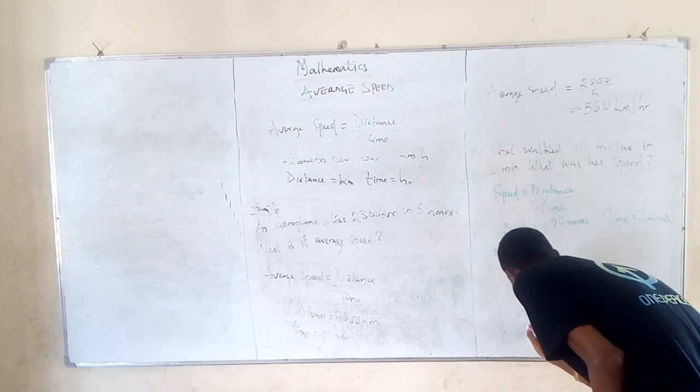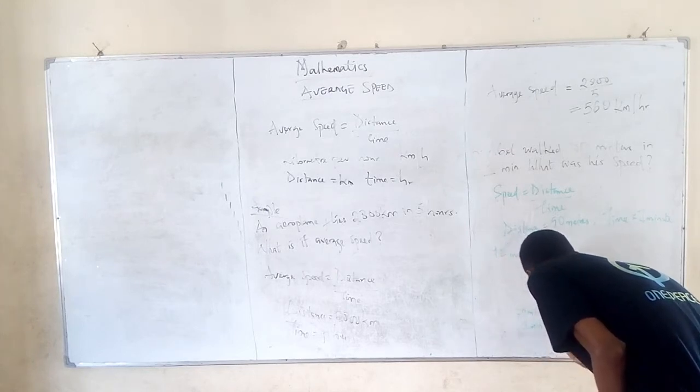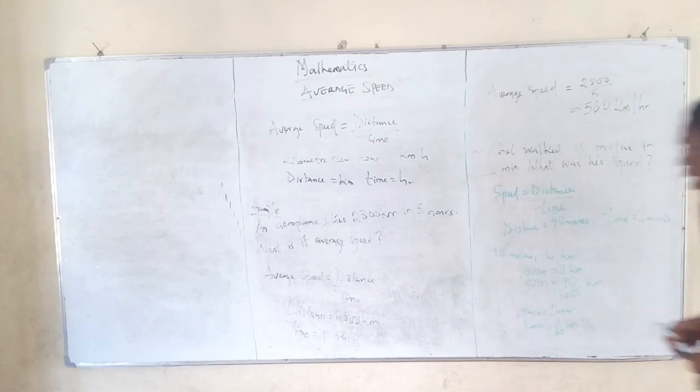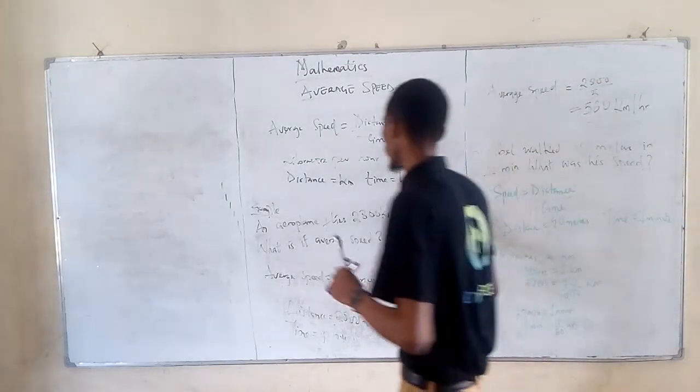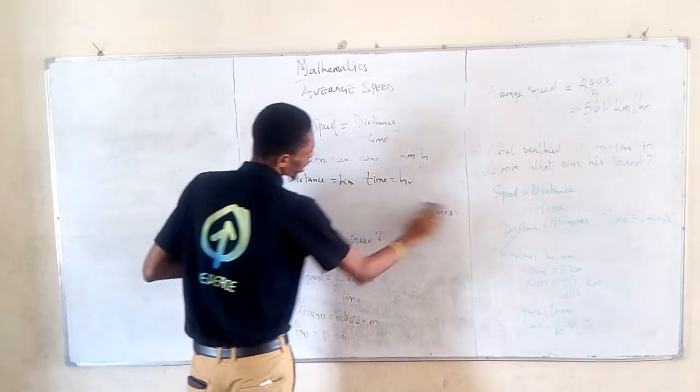So for 1 minute, it's going to be 1 over 60 hours. So let's put it in the formula and see what we get.